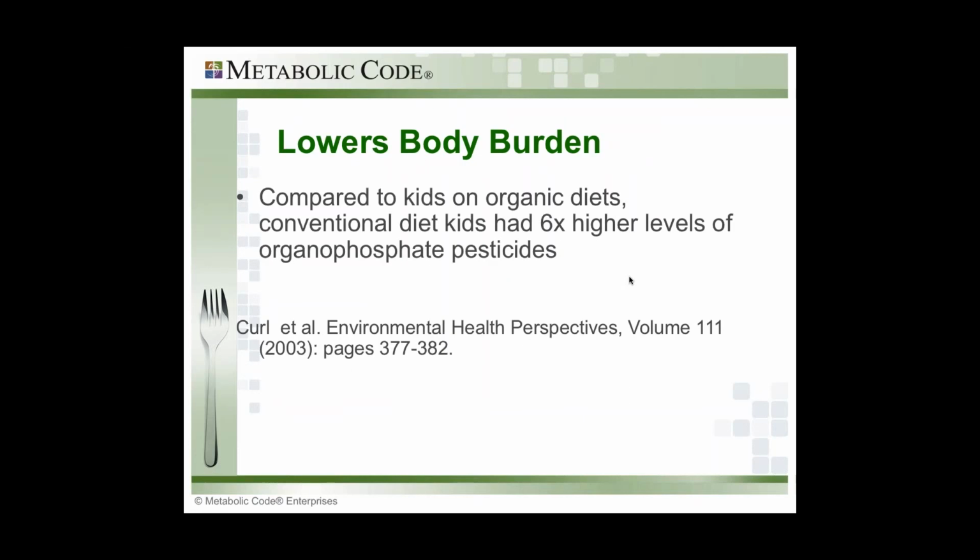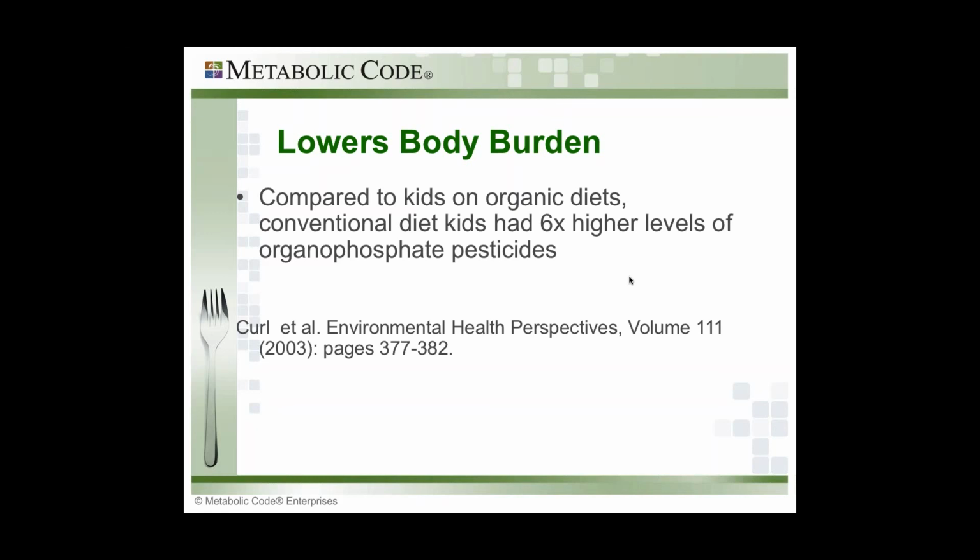And we're running out of time, so I don't want to go into the details of these slides, but these are studies that showed that when they did a study on kids and put them on organic foods and off of conventional, they compared the ones eating all organic to ones eating conventional. The conventional group had way higher levels of the organophosphate pesticides.